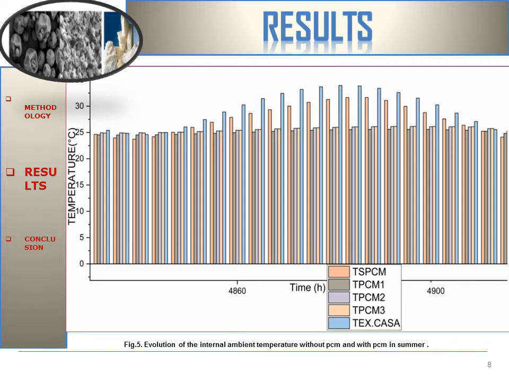4, 5 compare the ambient temperature for three scenarios of walls with different PCM: the internal, the middle, and the external.